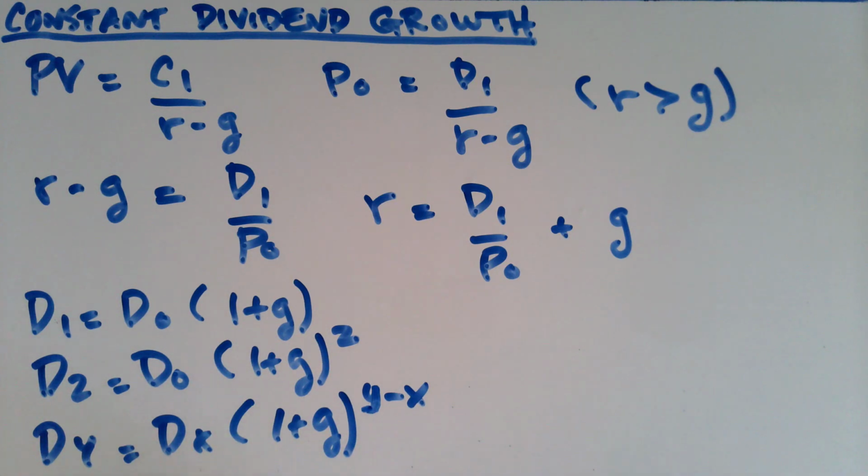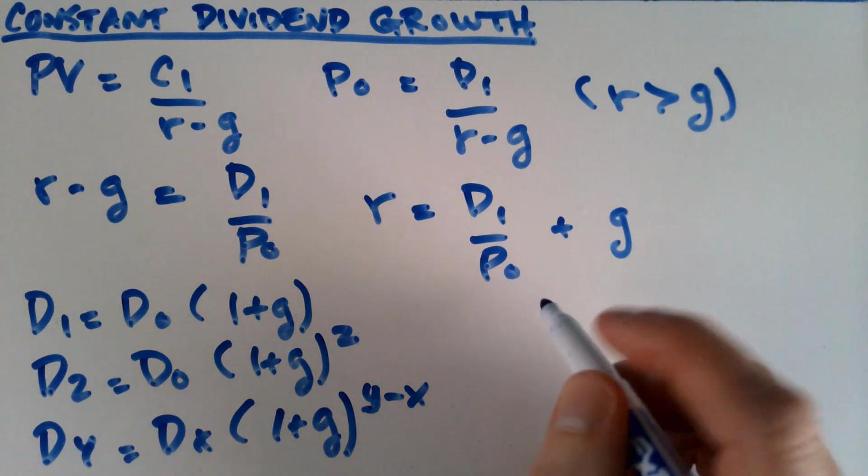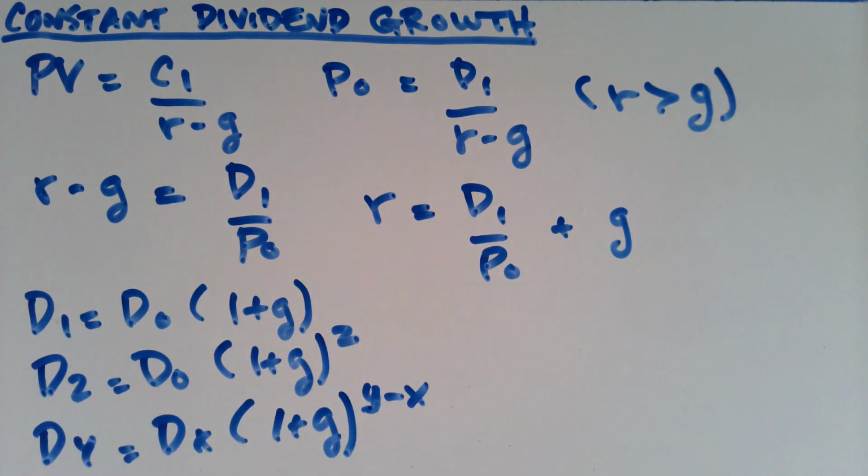Now this is the generalized formula that you can use to find any dividend at any point in time for a firm with constant dividend growth. But it's even better than that. Because we said that G was also the capital gains yield, we know that the stock price is growing at that same rate.